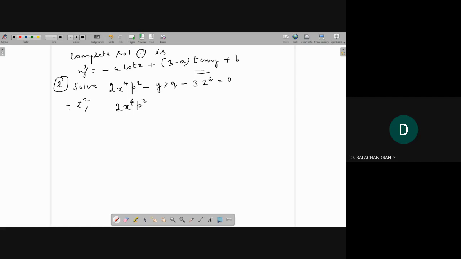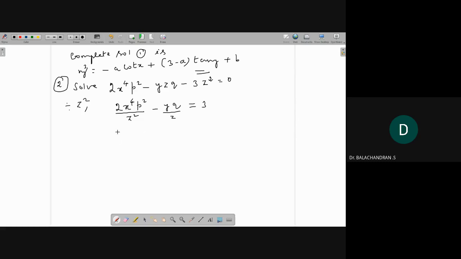If you divide throughout by z square, you get 2 x power 4 p square by z square minus y q by z minus 3 equal to 0, or equal to 3.